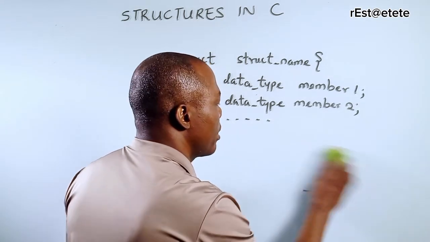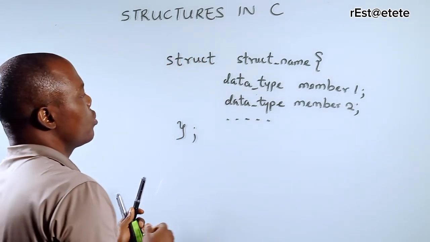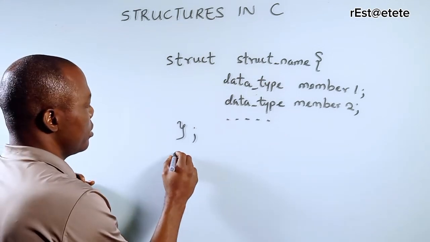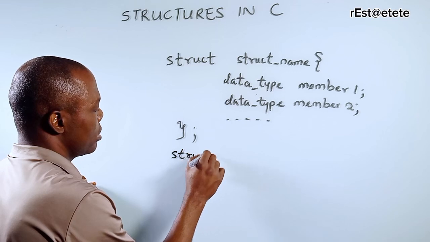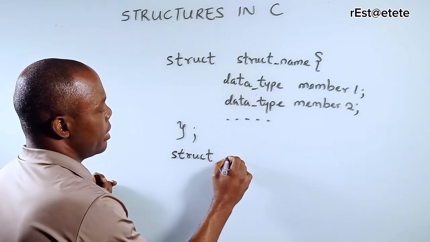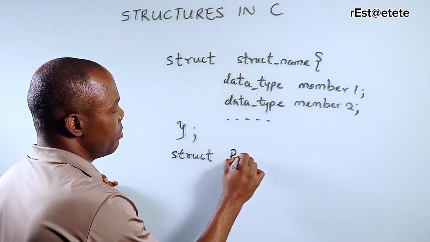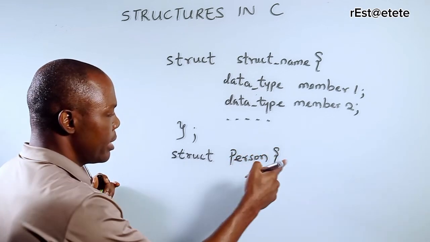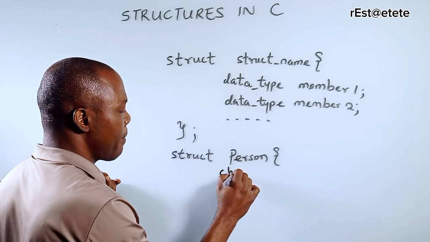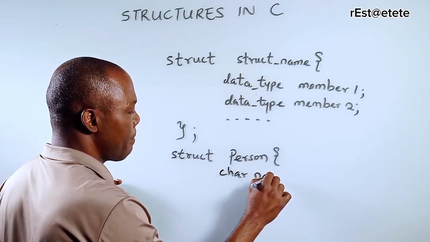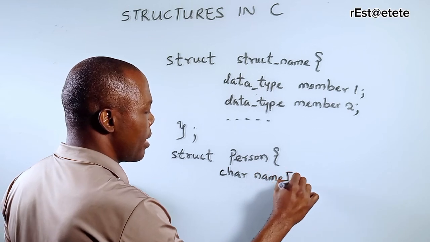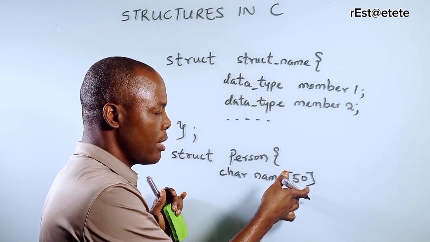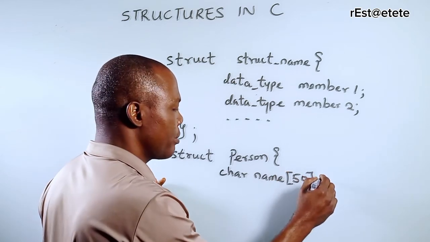So I am going to use this syntax to create a structure here. So I will say struct, then I will name it person. Then I will open the braces here. Inside this place, I will say char name, and I will say 50, meaning I'm allocating 50 bytes in the memory.